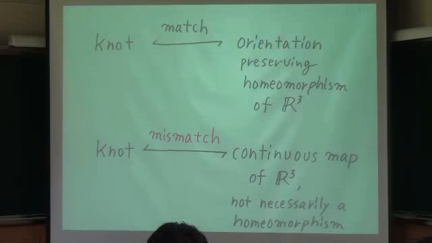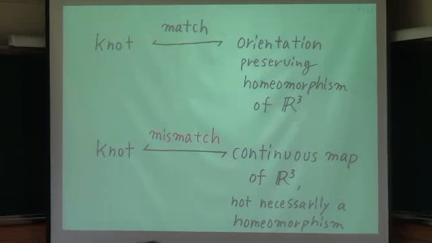So in such a way, today I'd like to observe the knot types before and after mapping the knot by a continuous map. Usually a knot is considered up to orientation preserving homeomorphism of the 3-space R3.